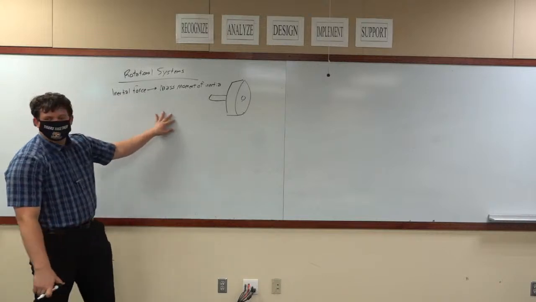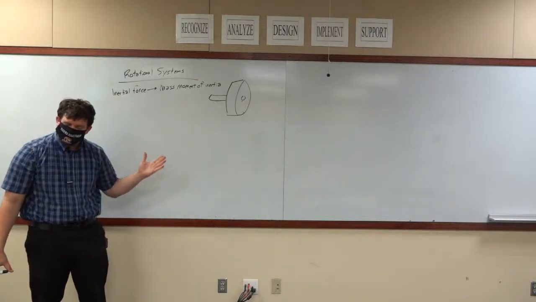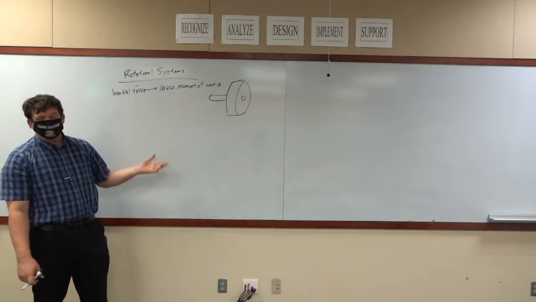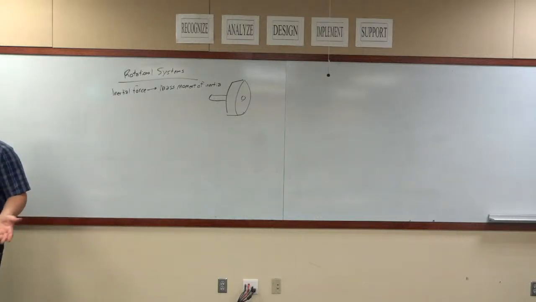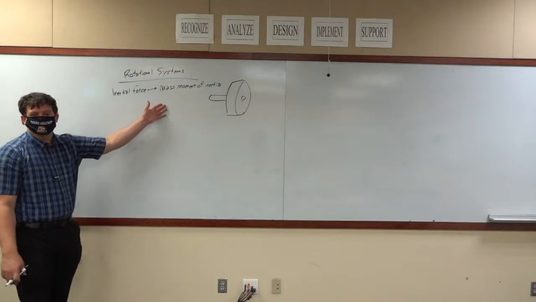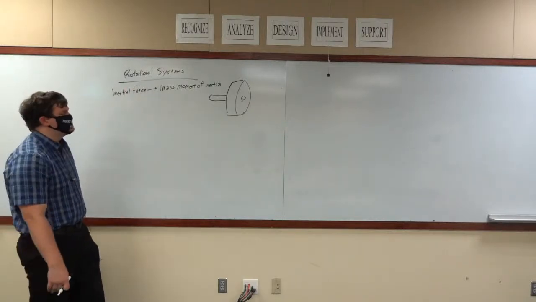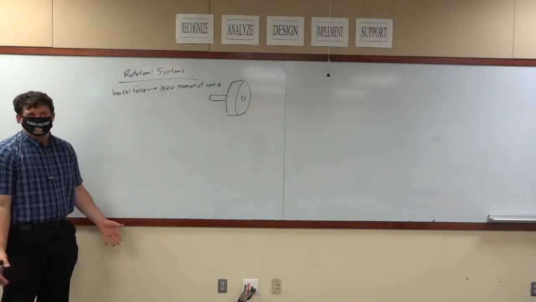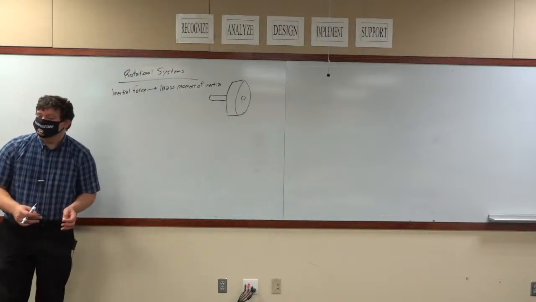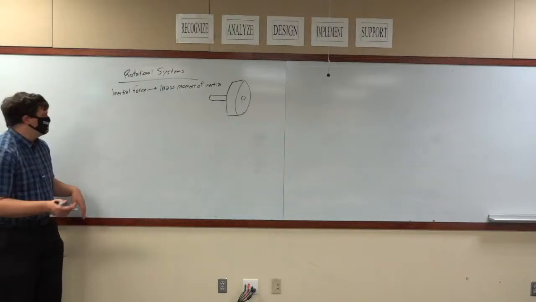That's what generates the inertial force. In the translational system, that force is generated by only a mass. Here, it also depends on the distance, so you calculate the mass moment of inertia. Mass moment of inertia, unlike mass, is a lot easier to change for a system.